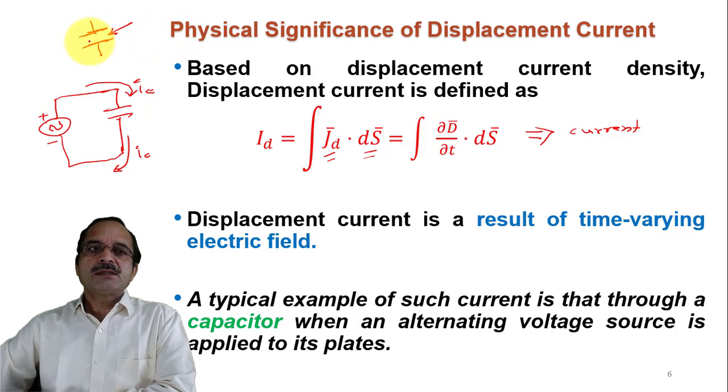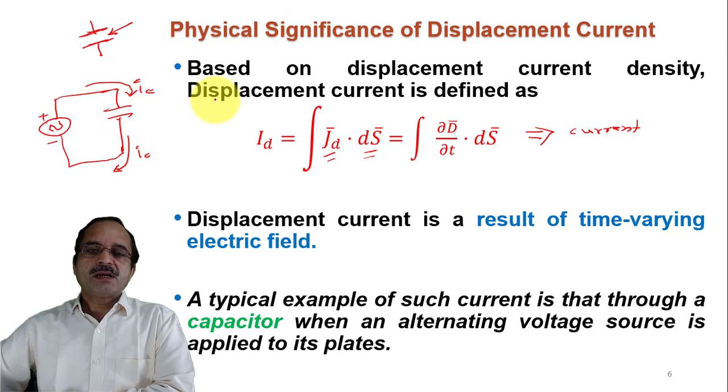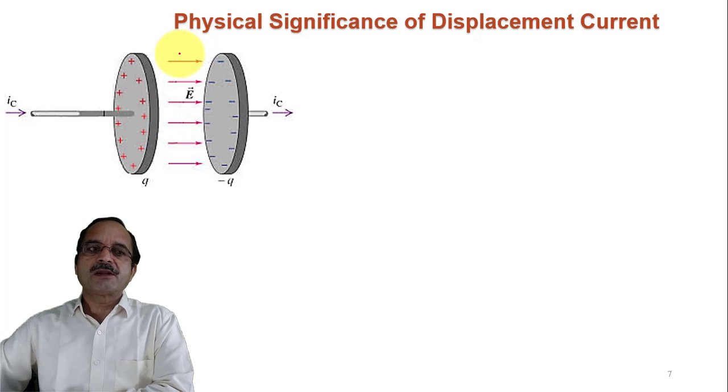So here, since it is an insulator between the two plates of the capacitor, there cannot be current because of flow of electrons. So the flow of such type of current is represented by displacement current. This is a typical example where the displacement current flows.